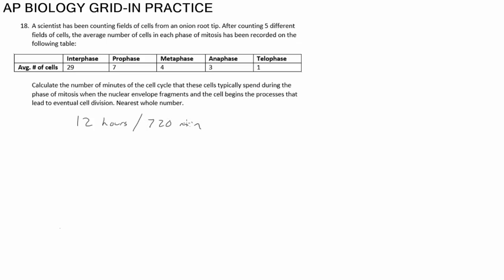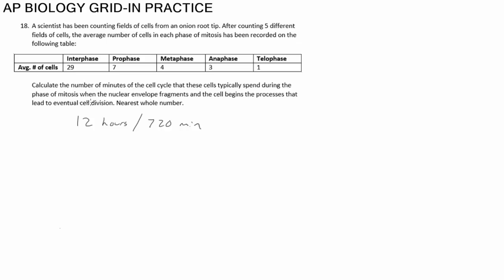Assuming that's true, and that is an assumption that we'll have to just make for this practice question. On the AP test, obviously, if they wanted you to calculate the number of minutes, they're going to give you a specified amount of time that the cell cycle has occurred over. But assuming that this is true, then we just need to figure out what fraction of that time, of the 720 minutes, is spent in a particular phase.